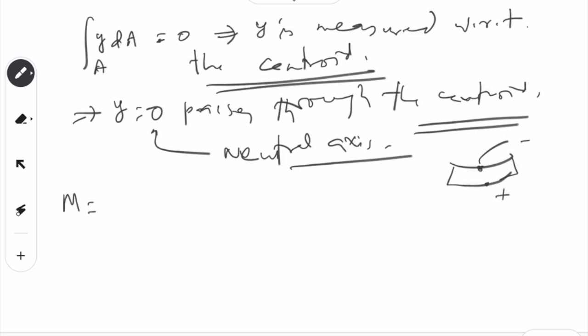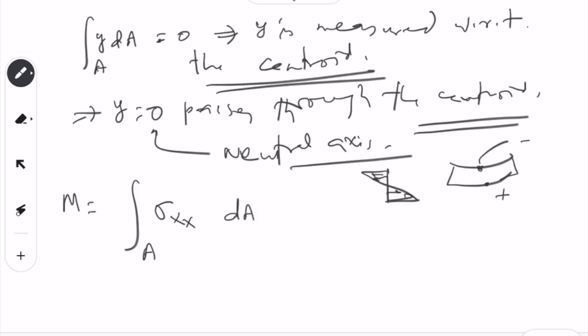So if you see the section, we have negative stress here, positive stress here. So M will be nothing but sigma xx multiplied by dA.